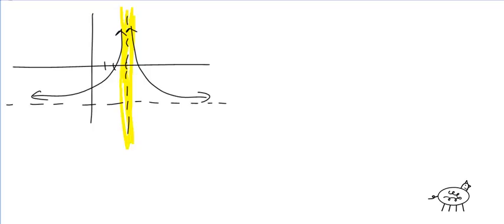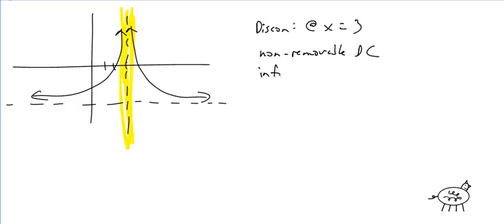Because it's not continuous there. And of course, this is really the same thing. It's discontinuous at x equals 3, and is a non-removable discontinuity. And of course, this is another infinite discontinuity. So again, we're talking about the asymptote there.